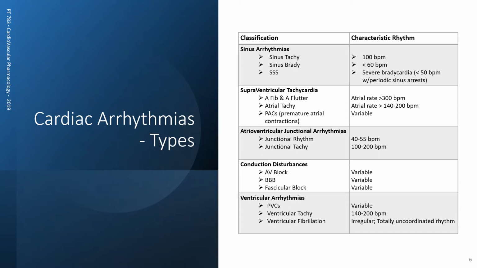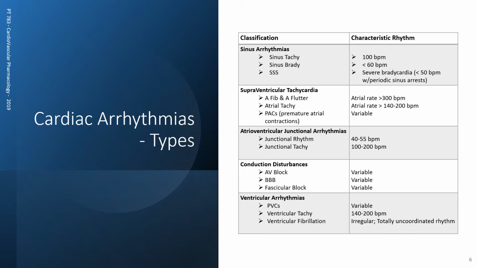Its characteristics are that the rate can be above 100 beats per minute or less than 60 beats per minute. It does reflect in severe bradycardia when the heart is beating at less than 50 beats per minute with occasional stopping, which is called periodic sinus arrests.